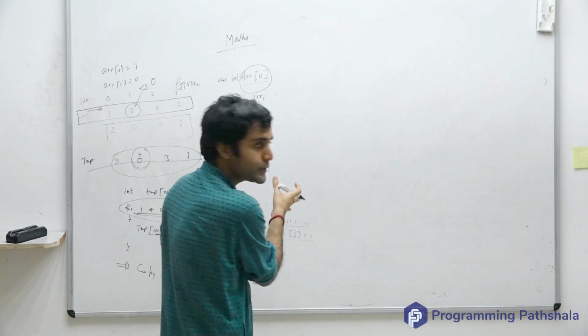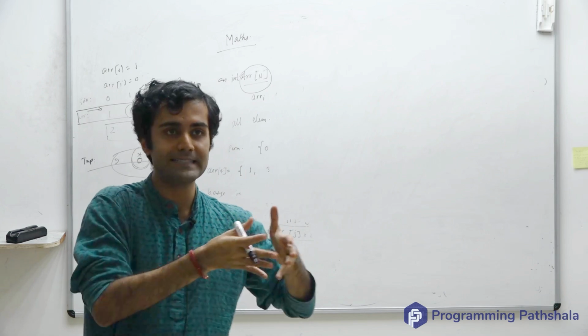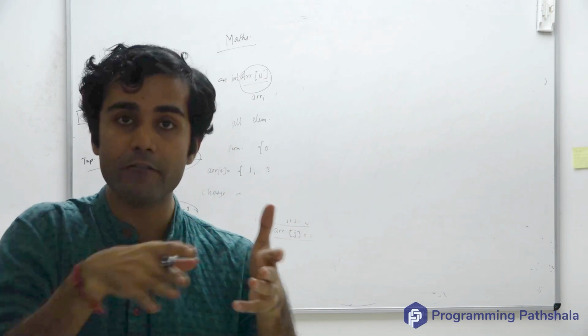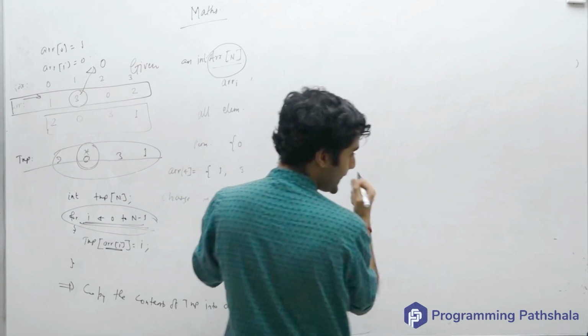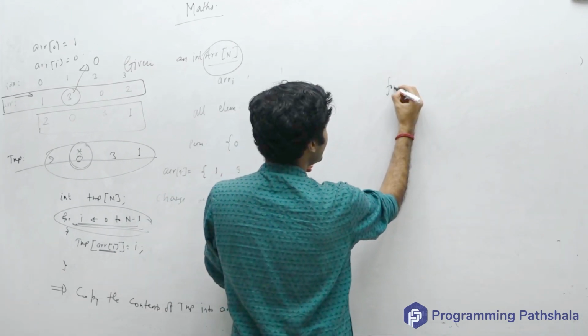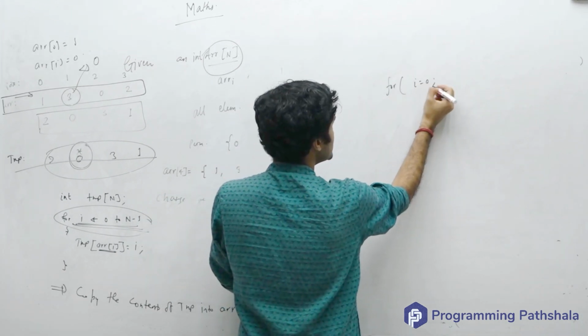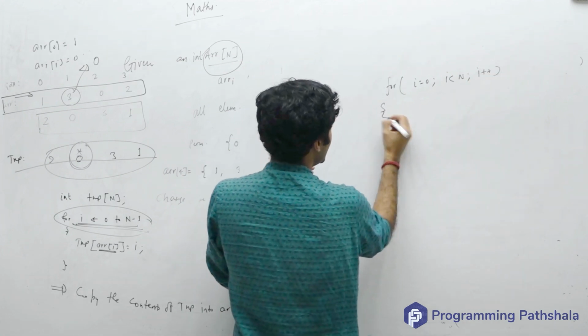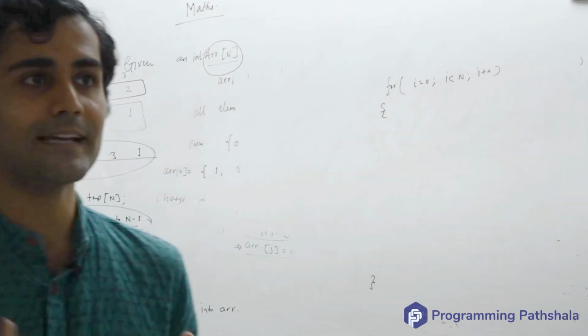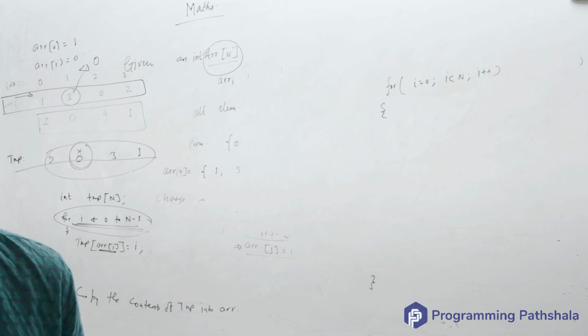So I am going to use the current approach where instead of placing x, I am placing negative of x plus 1. So let's say I am iterating over the array. Let me do that for i equals 0, i less than n, where n is the size of the array, i plus plus. First I should check whether an element can be ignored or not. And how do I check that?